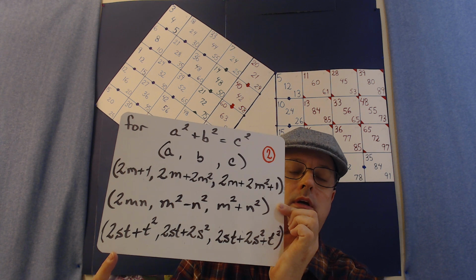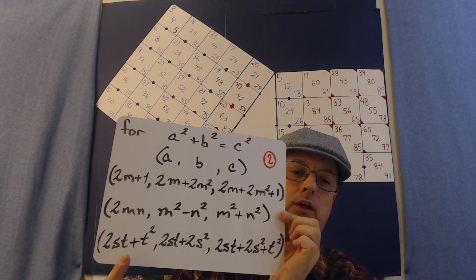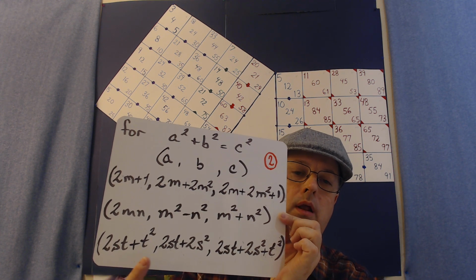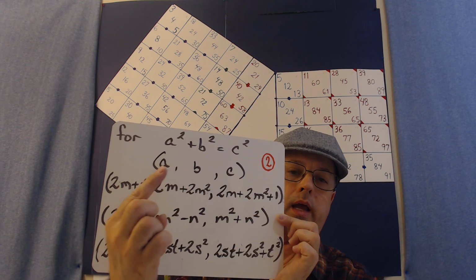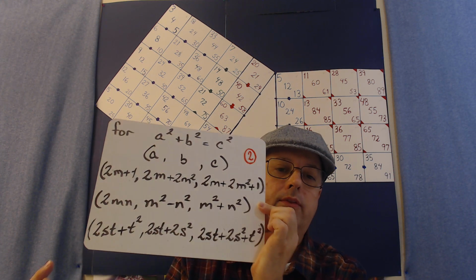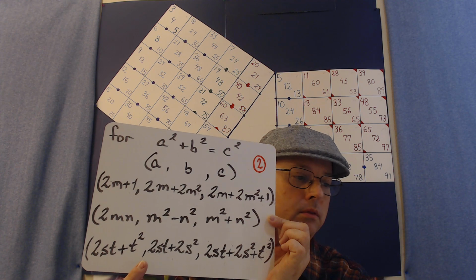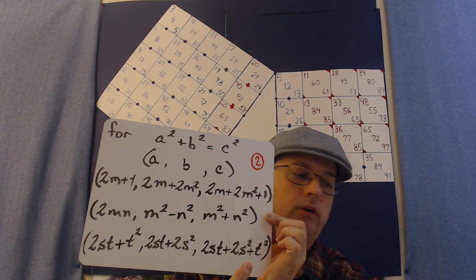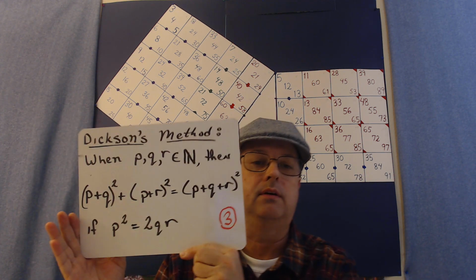And here's another generator of Pythagorean triples. If you have an s value and a t value, and you plug it into this arrangement accordingly, well, then you will also get a Pythagorean triple for the Pythagorean theorem. And now this last formula that generates Pythagorean triples is actually a version of Dickson's method.